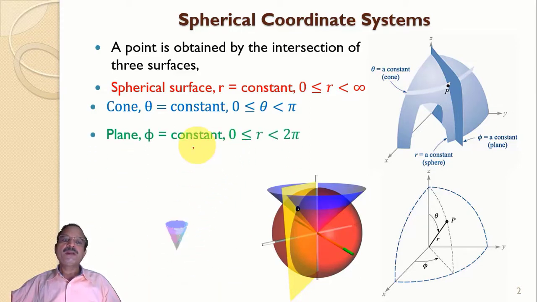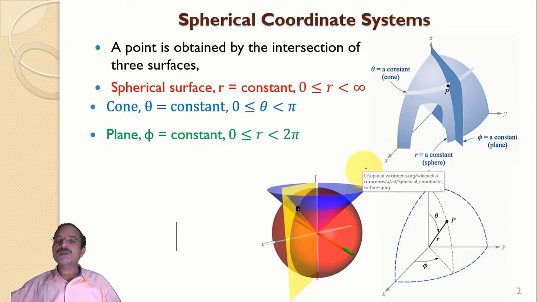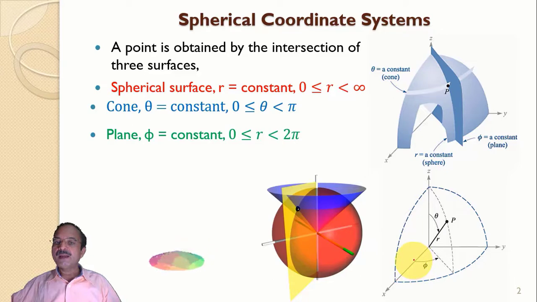Then the third variable is phi. So phi equal to constant is a plane. This yellow color plane is phi equal to constant, and in this diagram, this is the plane indicating phi equal to constant. While measuring angle phi, x-axis is taken as a reference, and in the anti-clockwise direction, this angle phi increases.